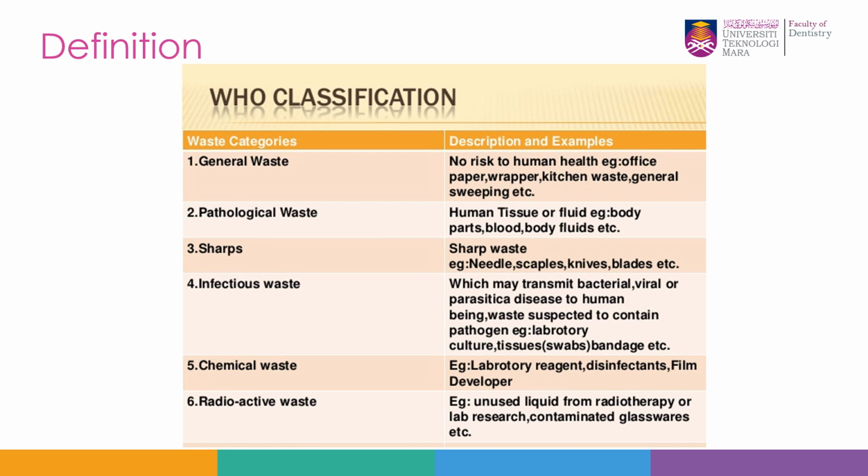In our facility, we have general waste, pathological waste, sharps, and also infectious waste. These four are very common for us, but for pathological and infectious waste, we use the same yellow bin. And for sharps, we have a special dedicated sharps bin. I'll show you later.